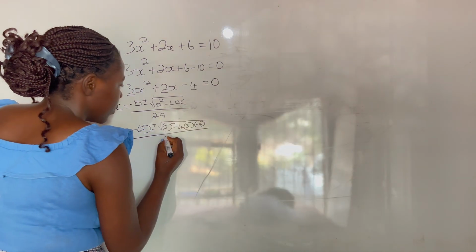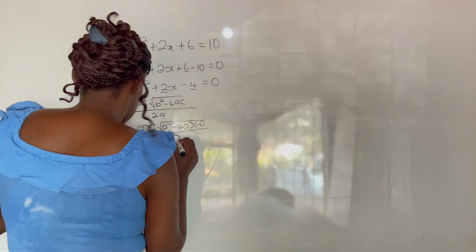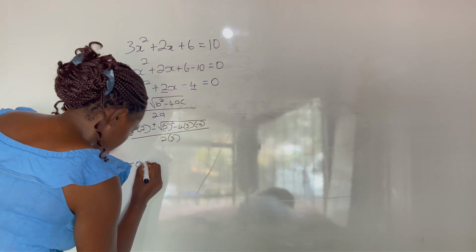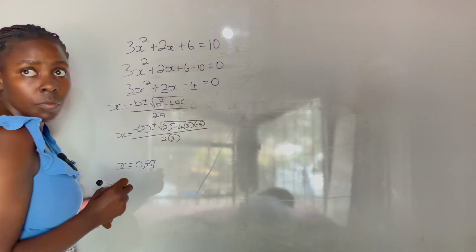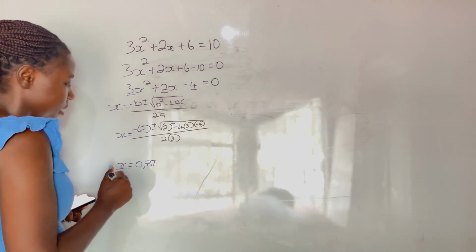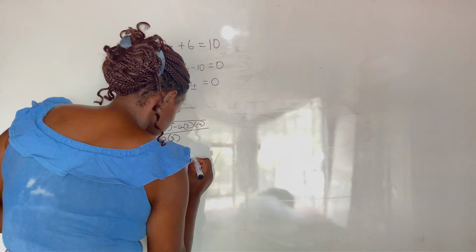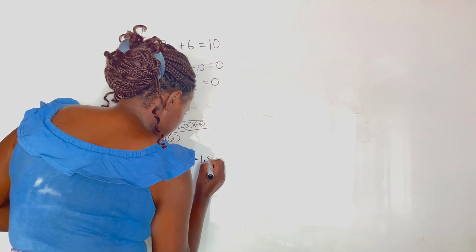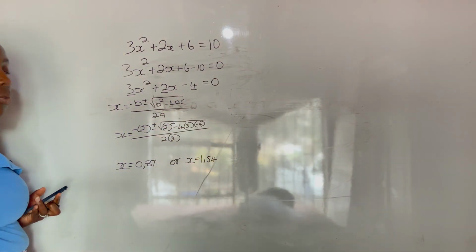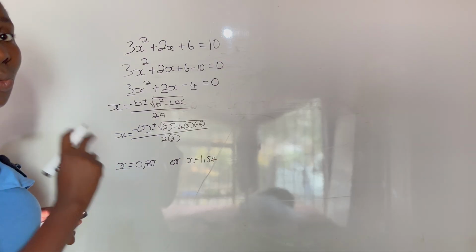Then we divide by 2 times 3. The answer will be x equals 0.87, because they've said we must correct it to two decimal places. The other answer will be x equals negative 1.54, also corrected to two decimal places. So we are done with question 1.1.2.